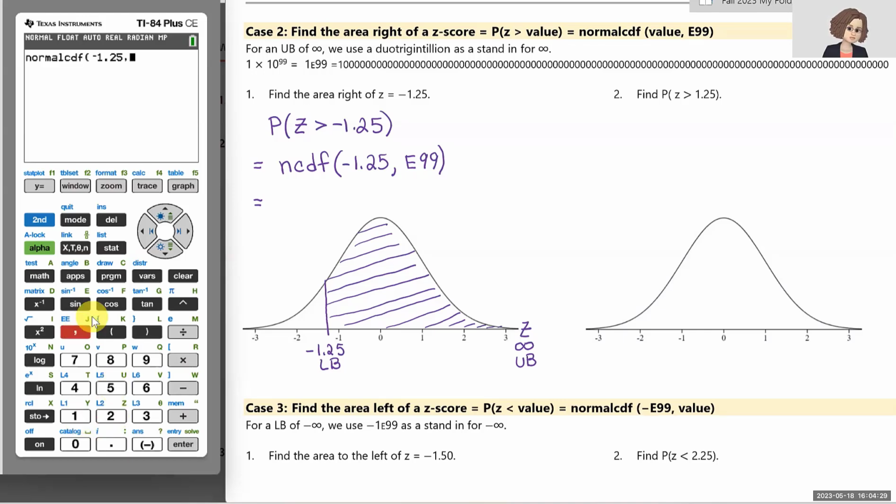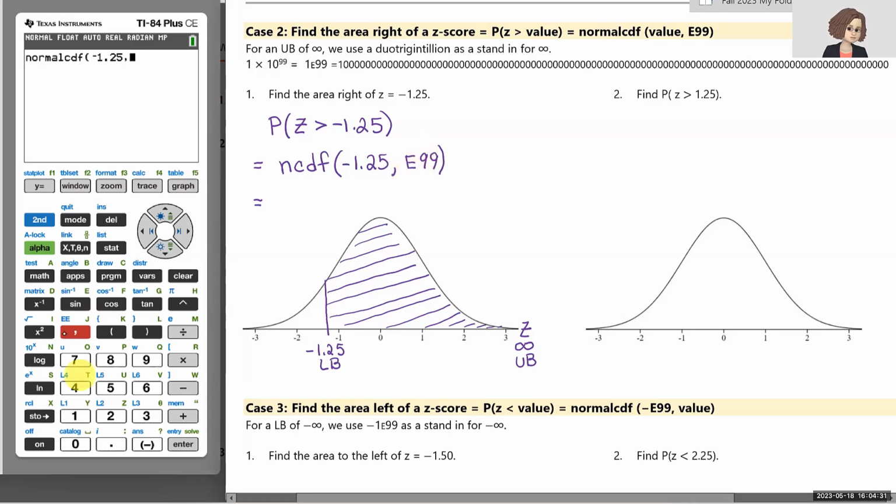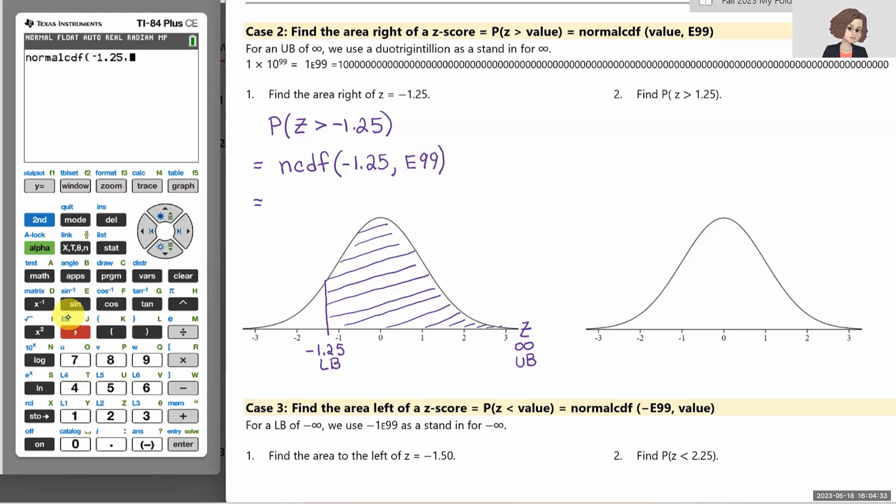To get the E, above your comma button, you're going to see EE. If you hit second, comma button, that EE will put that individual E on the screen, which is what we want, and then 99. And you don't even have to close parentheses.